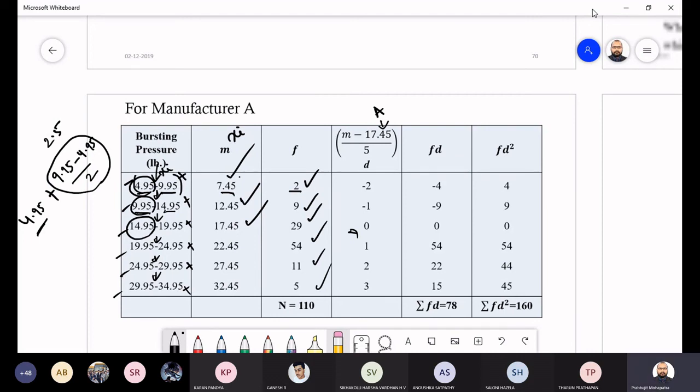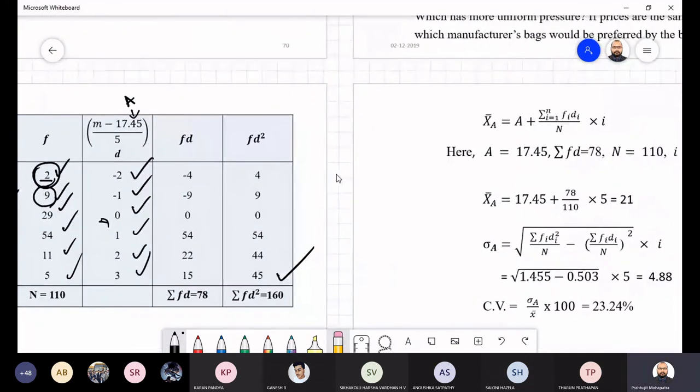So you can find the deviation. First you calculate the deviation, then you multiply it with the frequency, and then you average it.